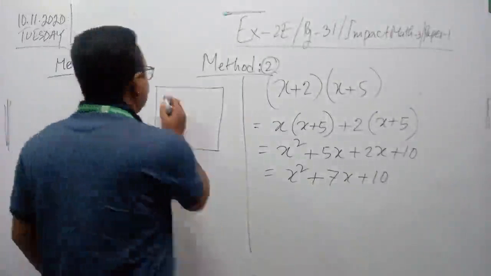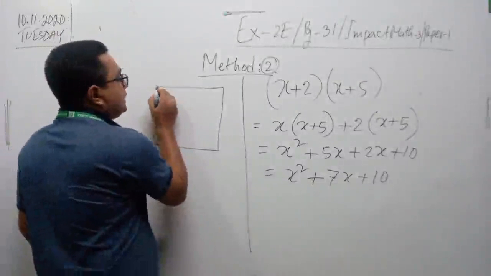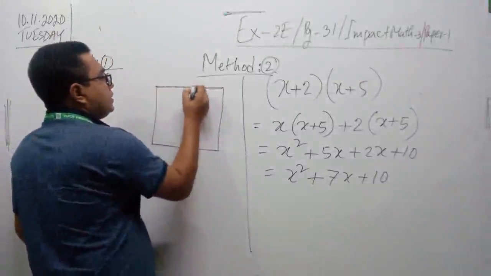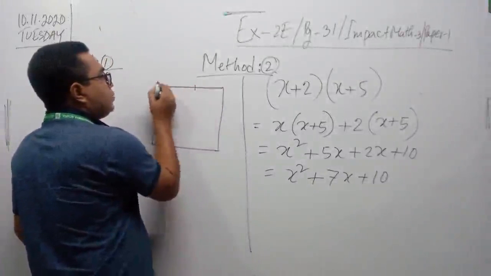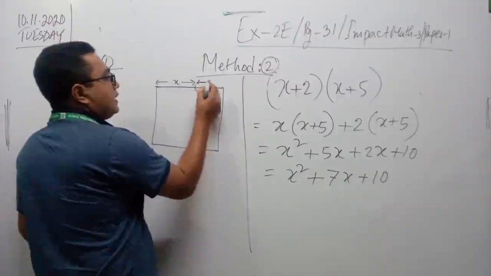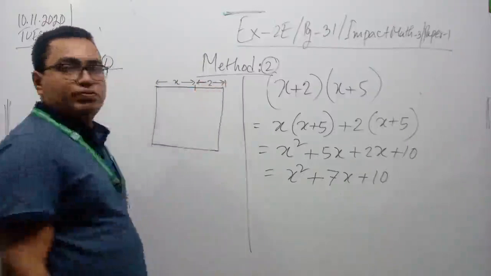Suppose this line is divided into two parts. One is x, another part is 2.